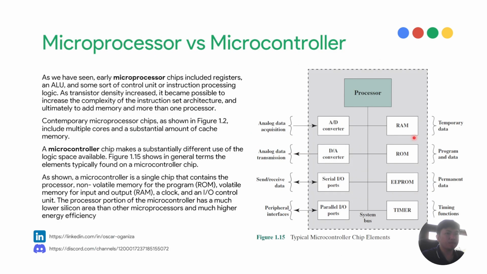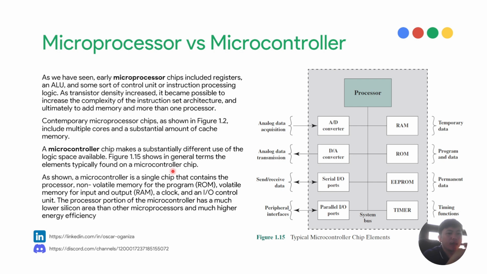Anyway, yeah. A microcontroller, on the other hand, makes a substantially different use of the logic space available. No? In 1.5, ito, shows in general terms the elements typically found on a microcontroller chip.